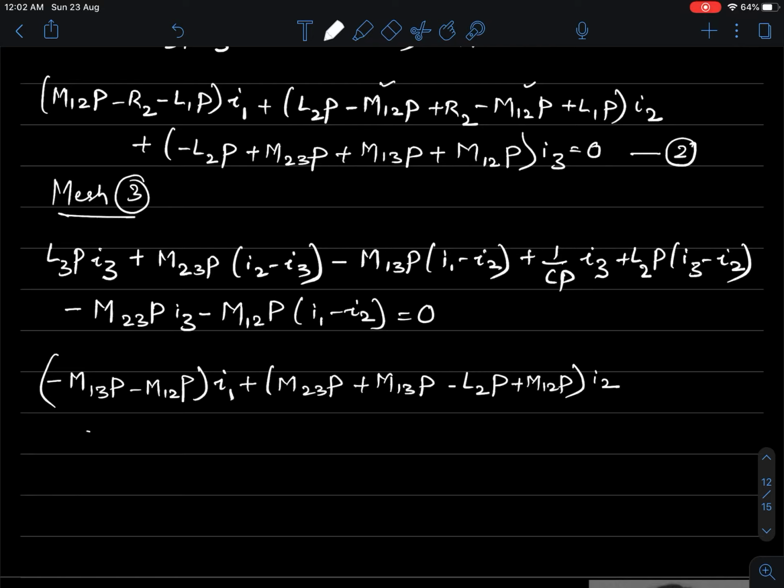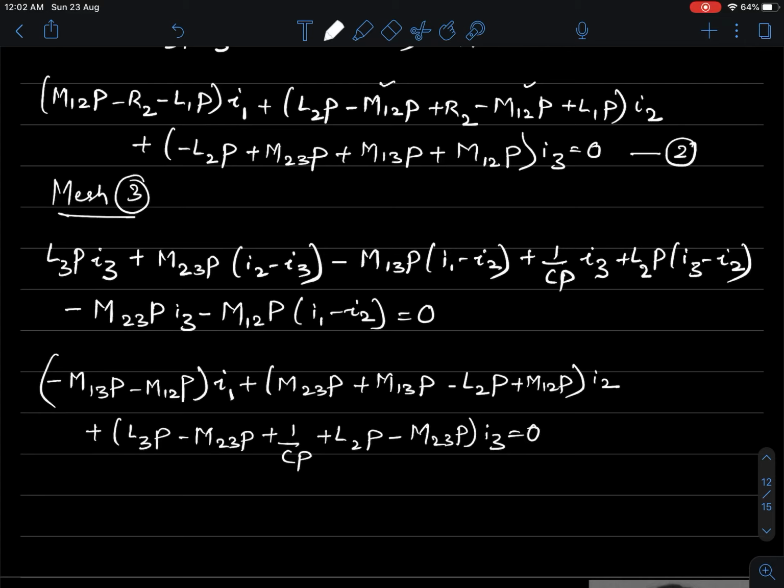Then grouping the terms of I3: L3P minus M23P, then I have 1 by Cp, then plus L2P minus M23P, into I3 equal to 0.